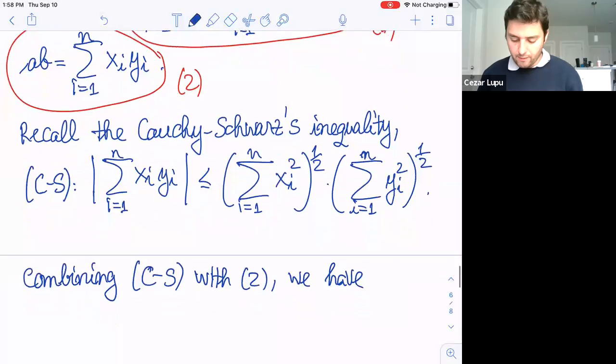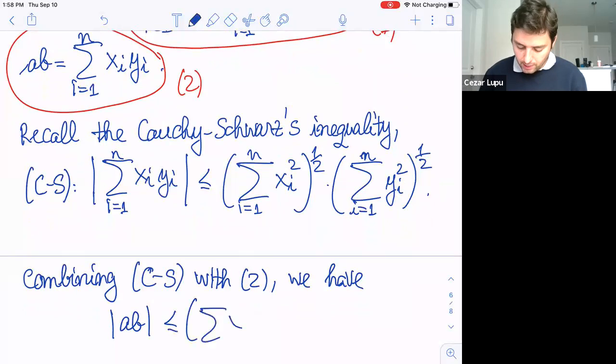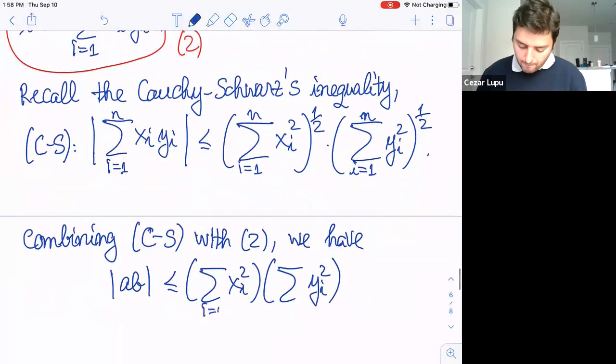We have that the absolute value of ab is less than or equal to the sum of x_i squared times the sum of y_i squared, to the 1/2. Right, so we have this.